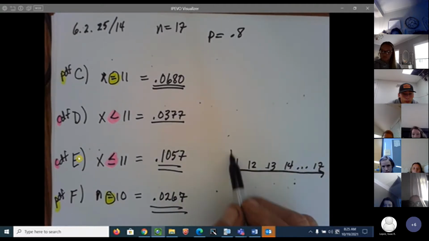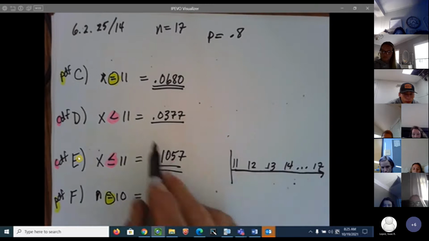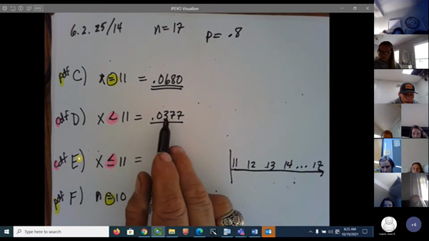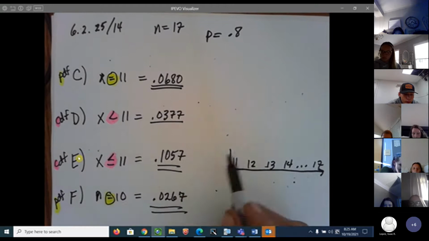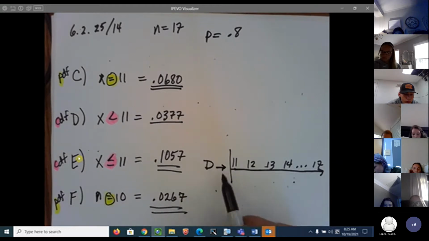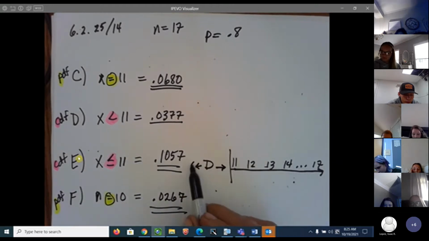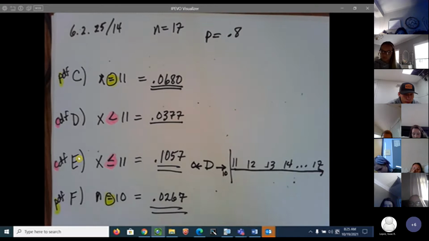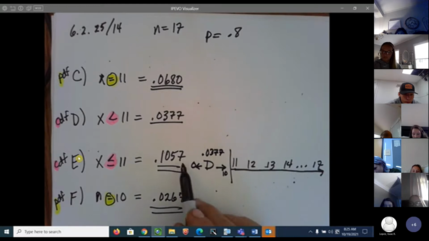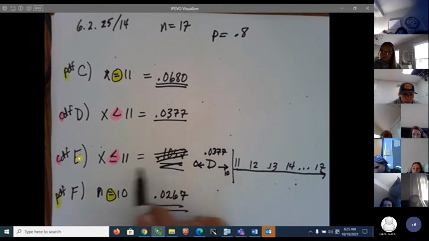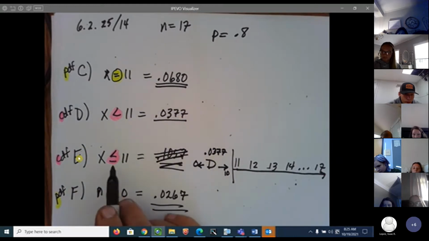So I need to subtract this from 1, because D is up to 10, from 0 to 10. If I subtract this one, 0.0377, from 1, that will give me at least. At least means that the lowest number is 11.